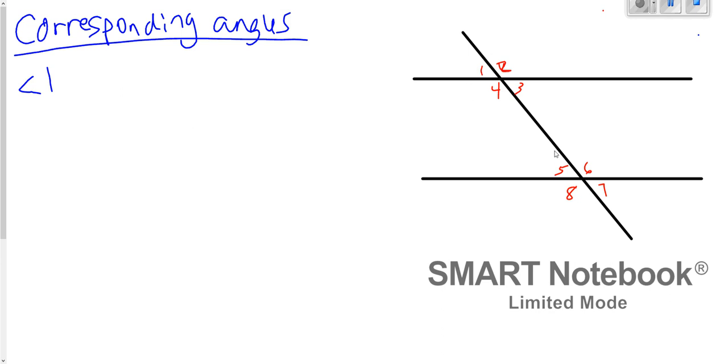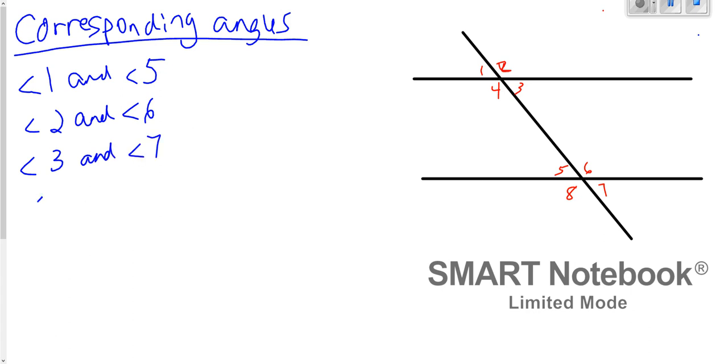Which one matches up with angle 1? Well, that would be angle 5. Angle 2 matches up with angle 6. Angle 3 matches up with angle 7. And angle 4 matches up with angle 8. So when you're talking about matching, that's corresponding.